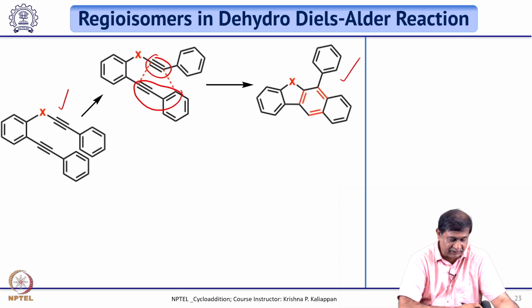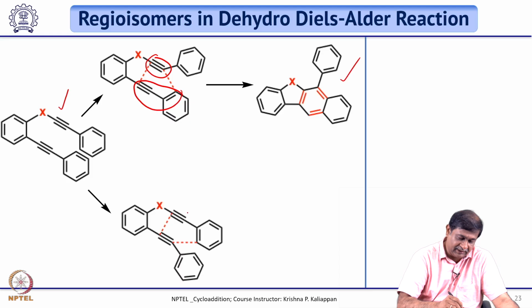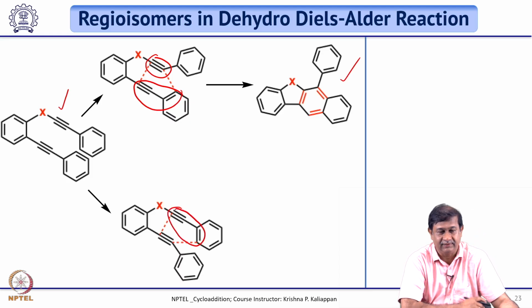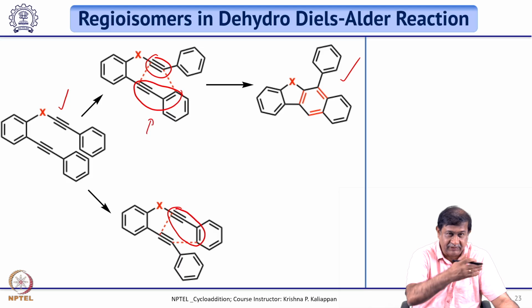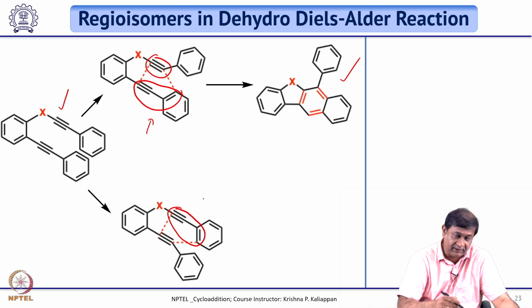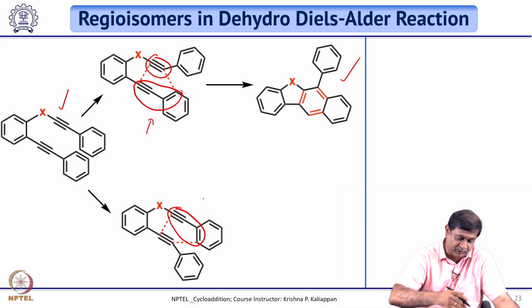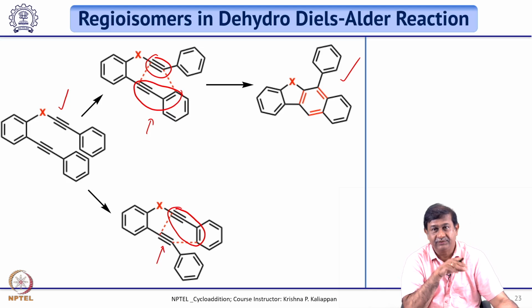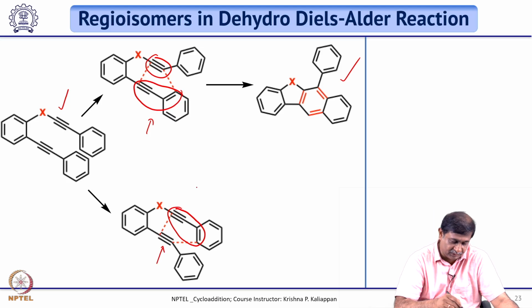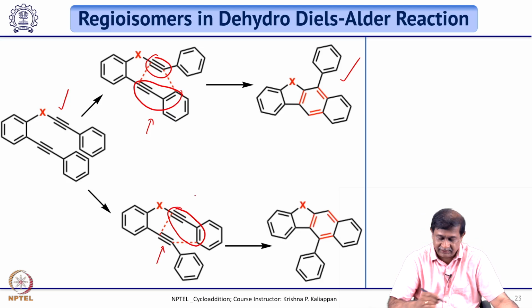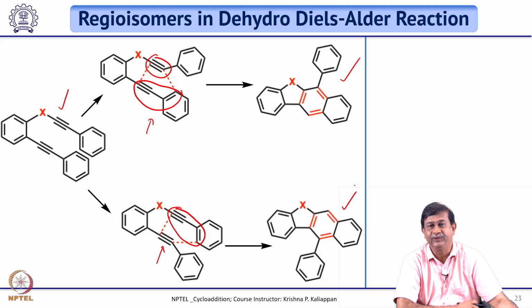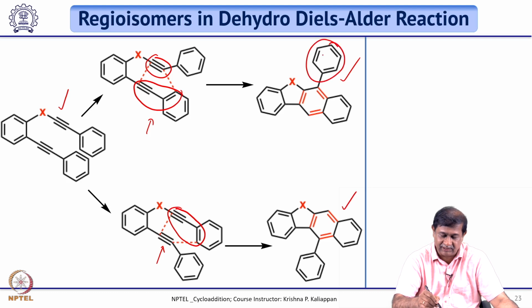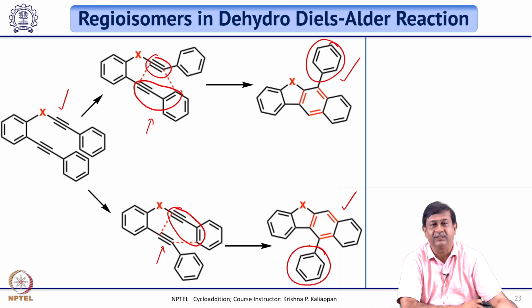However, there is another possibility that the top portion is the enyne. In this case, we have seen the bottom side. There is a possibility that the top portion is the enyne and the bottom one is the alkyne. If the Dehydro Diels-Alder reaction proceeds through this transient state, then you will get the other regioisomer. You can see here the phenyl is at the top, and here the phenyl is at the bottom.